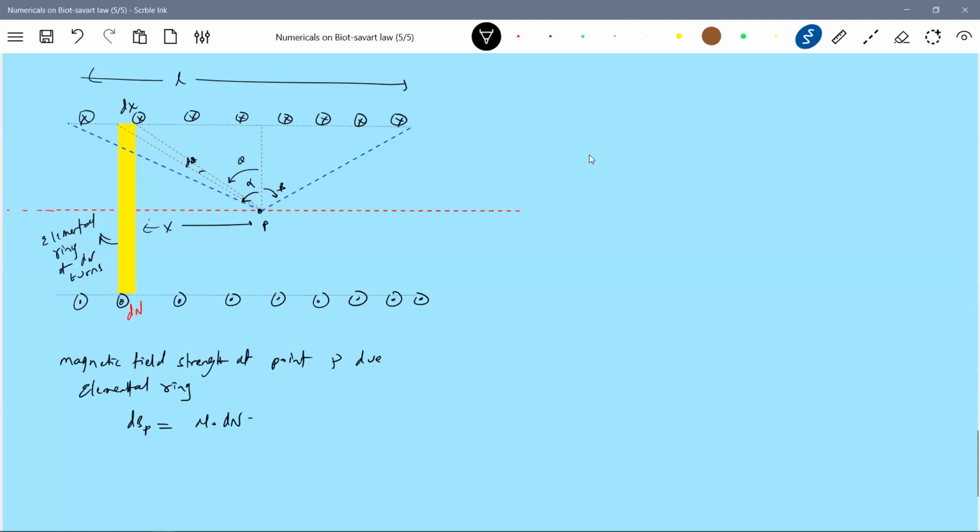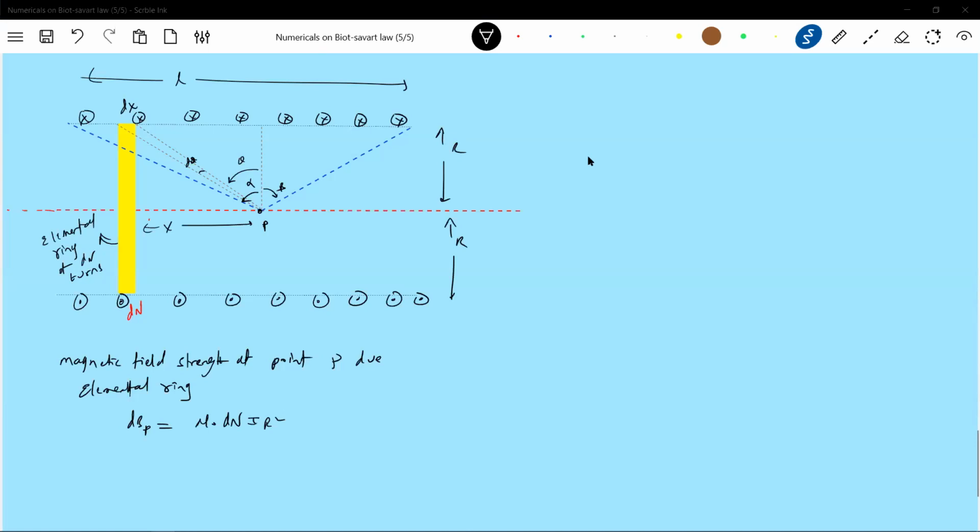The current should be equal to I. Let I be the current flowing through this. Then radius of this, r square.